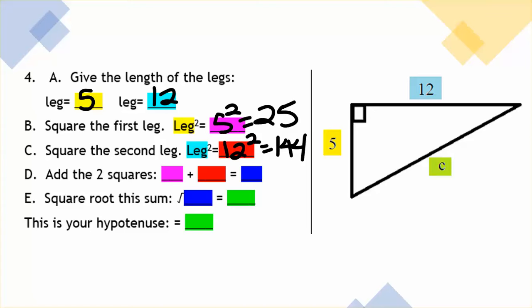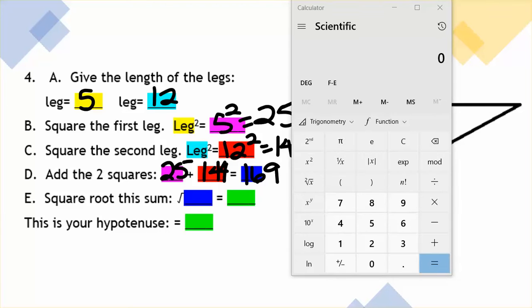Step D says add the 2 squares. So I want the first answer from B, which was 25, plus my answer from C, which was 144. Go ahead and you can use your calculator. 25 plus 144 is 169. Then our last step is to take the square root. So again, this is a time you'll need your calculator.